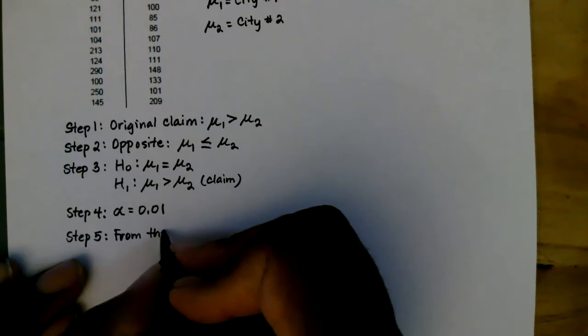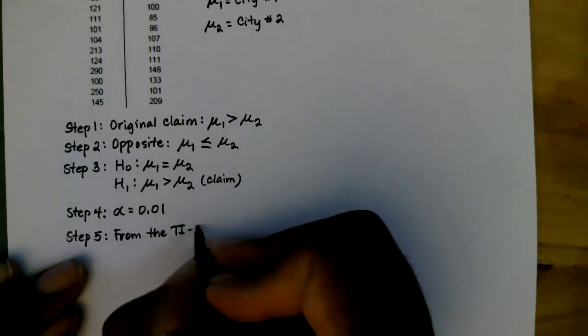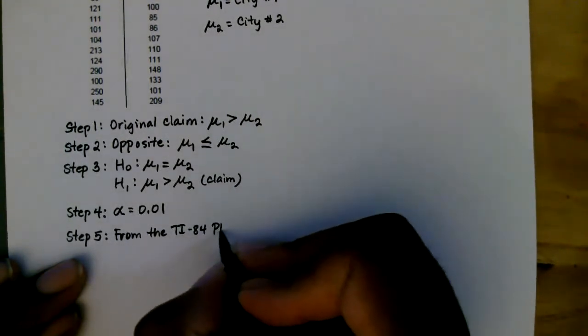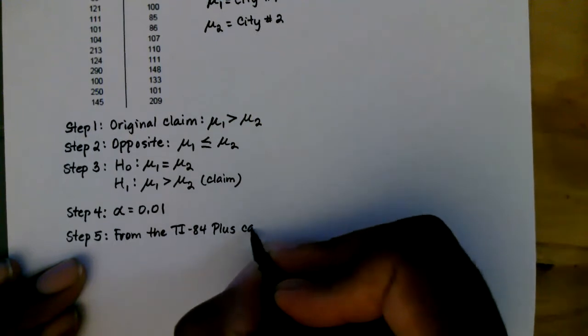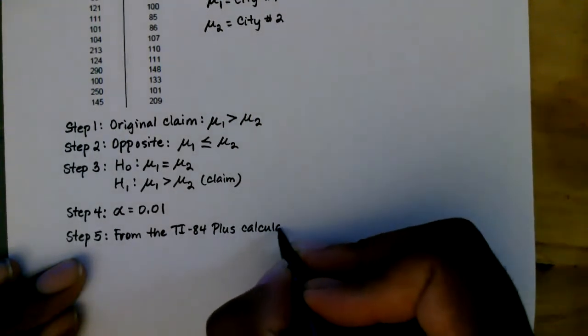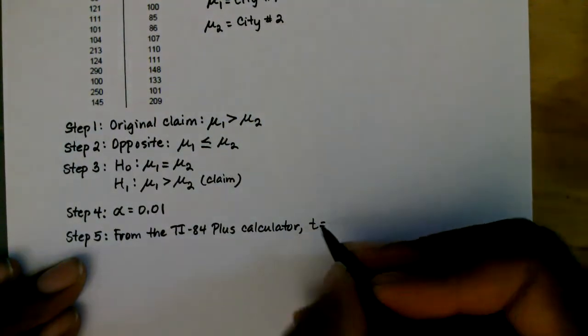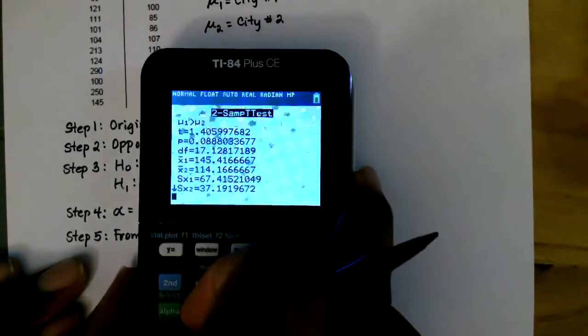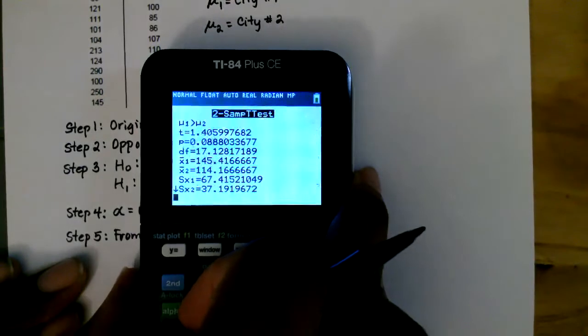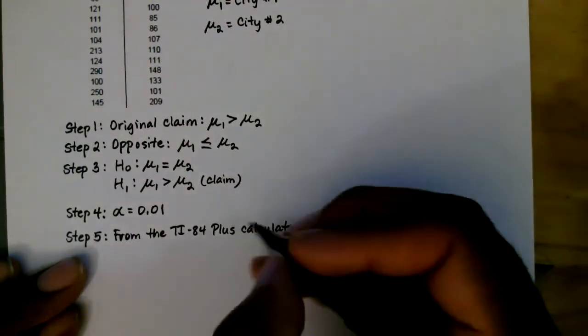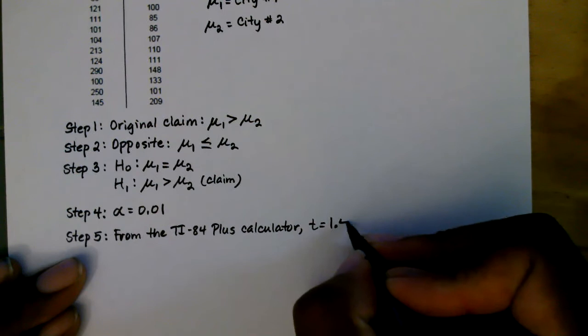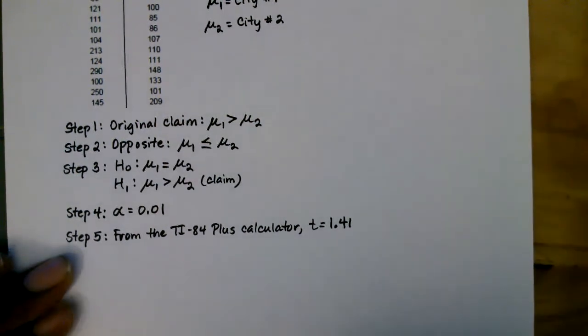So in step number 5, I'll just say this. From the TI 84 plus calculator, your T to 2 decimal places, this will be 1.41. That's your test statistic.